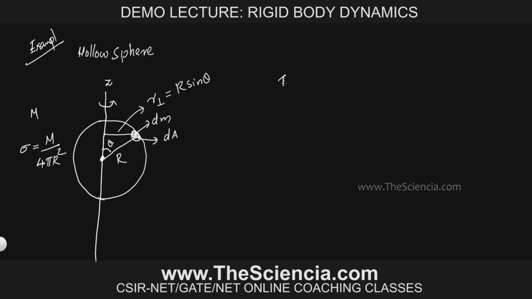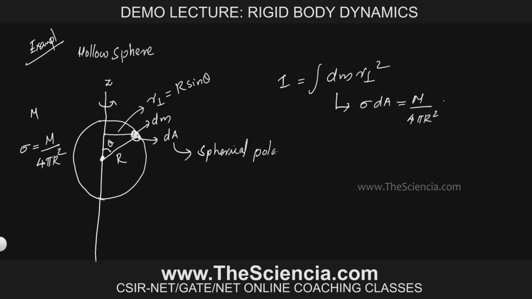Now we are going to find the moment of inertia I, that is I is equal to integral dm r perpendicular square. So here dm is equal to sigma dA, and sigma is m by 4 pi r square into dA. Here this dA is in spherical polar coordinates, that is in terms of r, theta, phi.